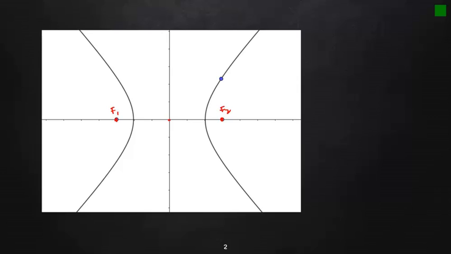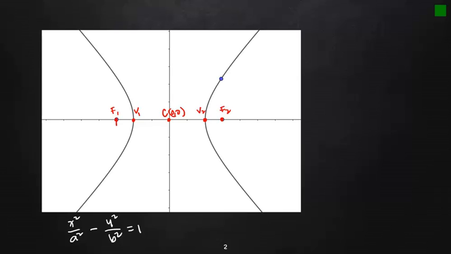This is the center of our hyperbola, at the origin, and this graph describes the hyperbola with equation x squared over a squared minus y squared over b squared equal to 1. This point here is one of our vertices. We call this one v sub 1. And this is another vertex. We call this v sub 2.